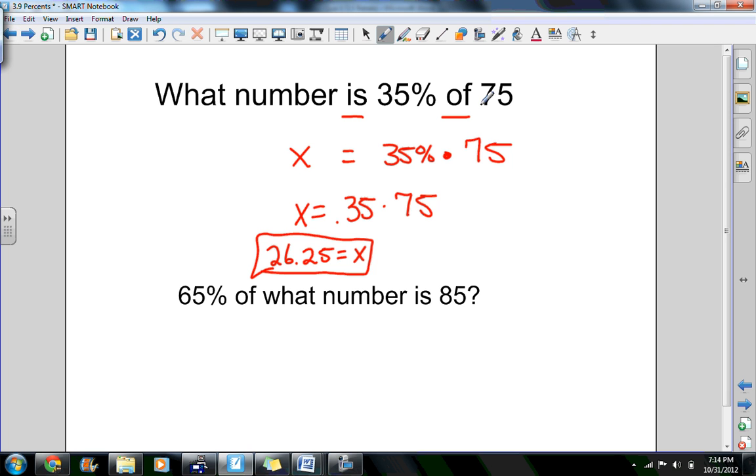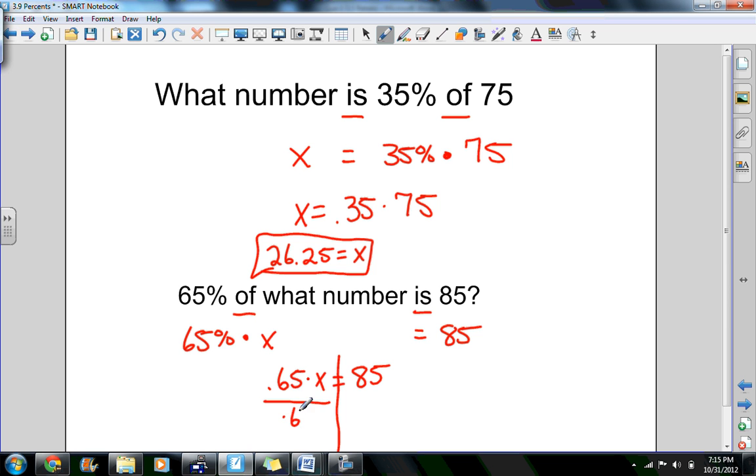Okay? Down here, same thing. 65% of what number is 85? Okay, so we get 65% times what number? Well, that's x, is 85. So we have to turn that into a decimal and close up our equation. So I get 0.65 times x equals 85. Well, now we just have a linear equation.